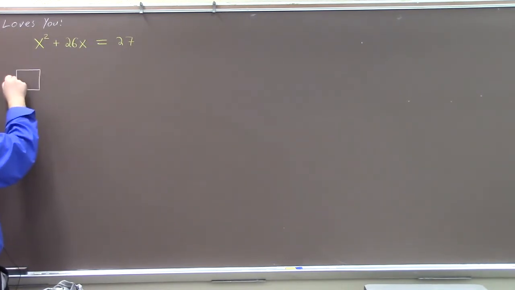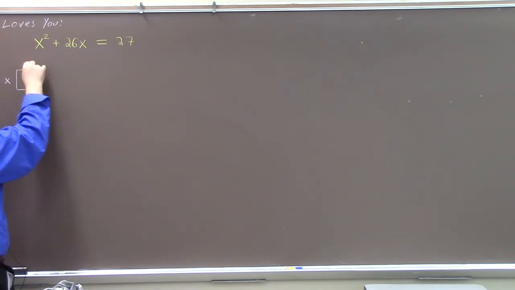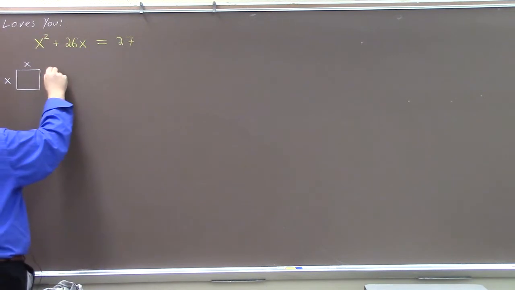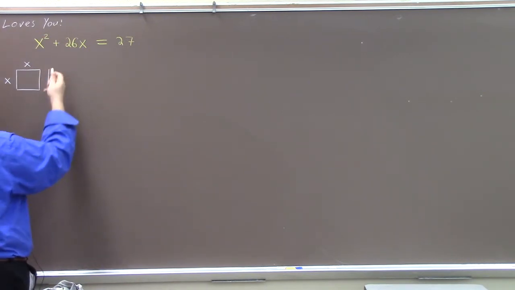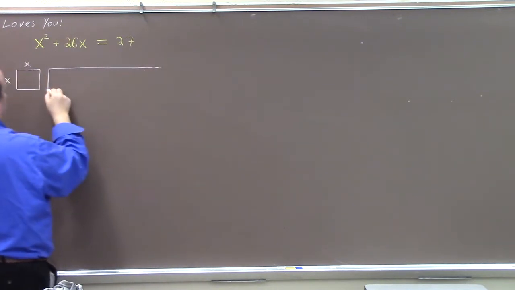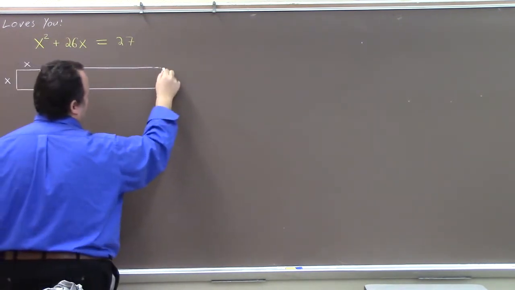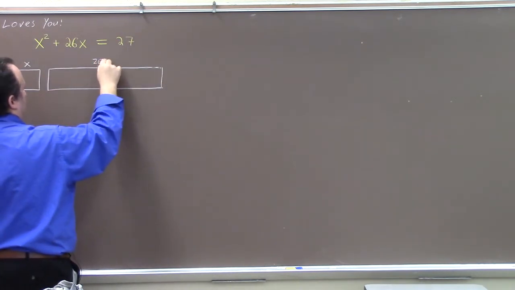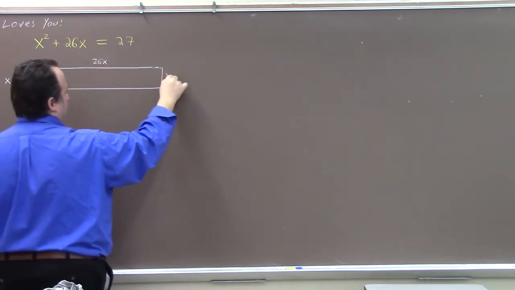And the length of the sides of that box would be x. And then you could have another box, and I won't do it to scale or anything. Technically it should be 26 times as long, but I'm not going to do that. So this would be 26, and this would be x, right?